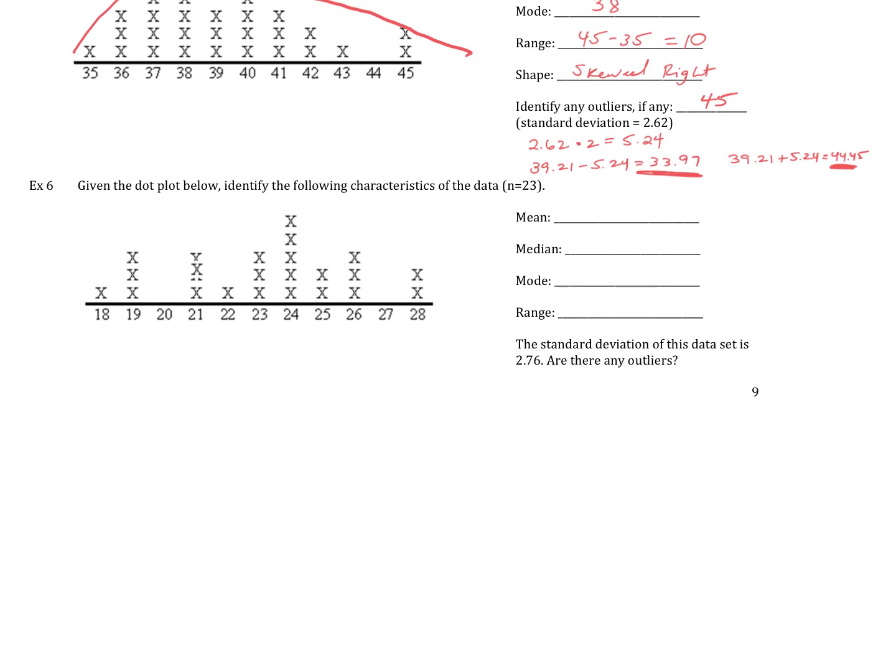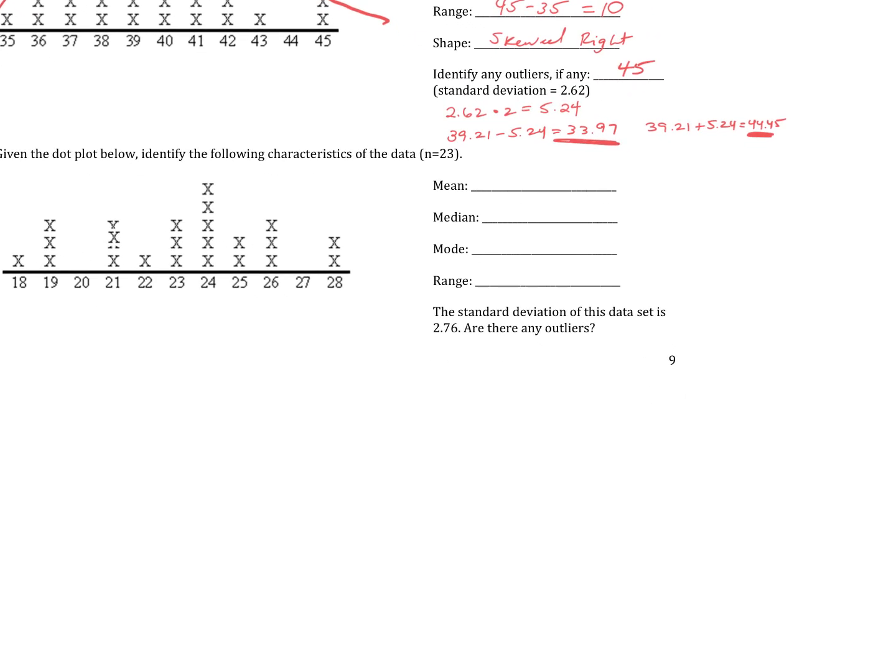Okay, let's look at example 6. For example 6, the mean is approximately 23.17. The median is 24, the mode is 24, and the range, this time I'm doing 28 minus 18, which is 10. My standard deviation in this case is 2.76. I'm going to multiply that by 2, and I get 5.52.